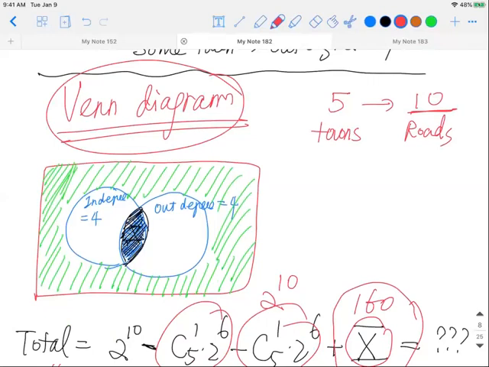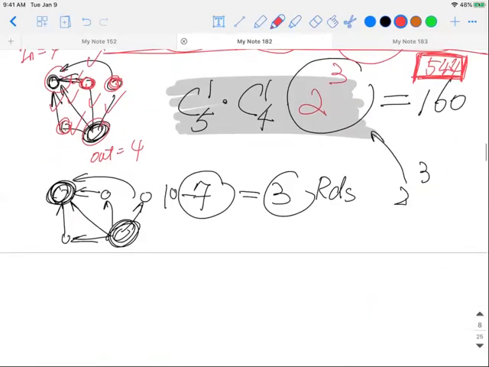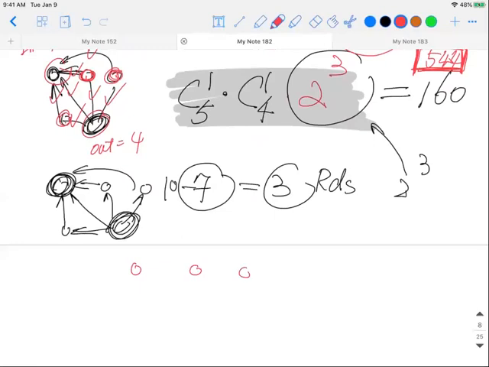Any questions? Out of all the things in this problem, the one thing I don't understand is the total number, 2 to the power of 10. Okay, let me try to explain it one more time. How many roads do you have? 1, 2, 3, 4, 5, 6, 7, 8, 9, 10. You have 10 roads in total.